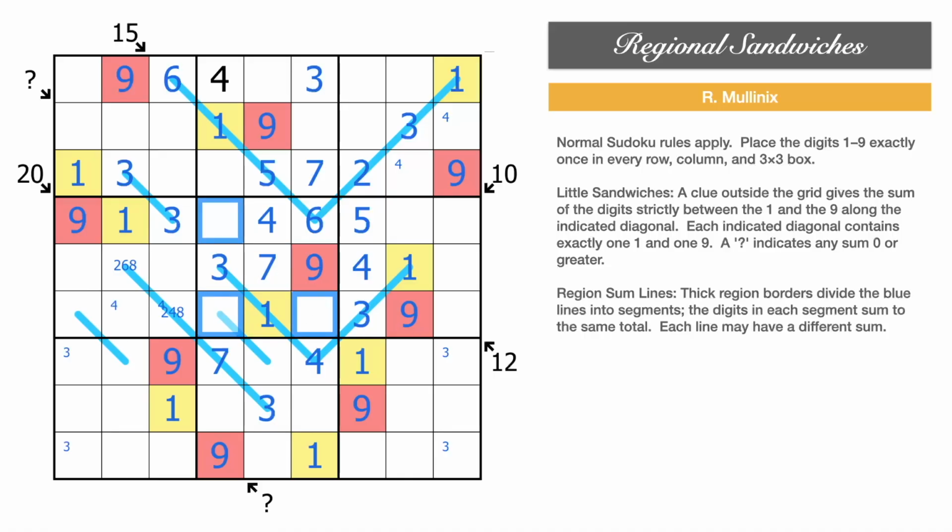These are 2, 8, and a 5. But the 5 can't be here because that would place a 5 there. So this is a 5. So this is another 2, 8 here. These are another 2, 8.